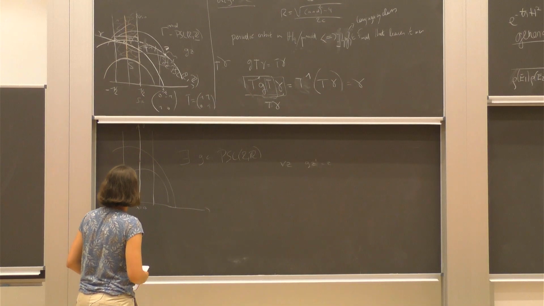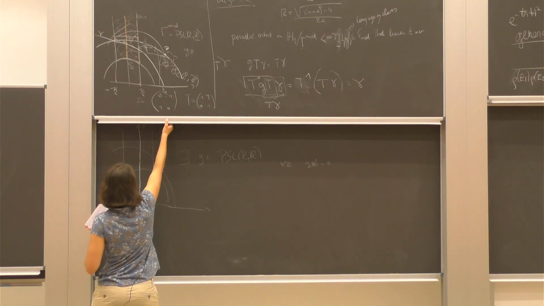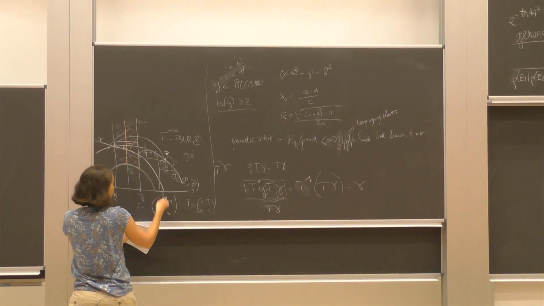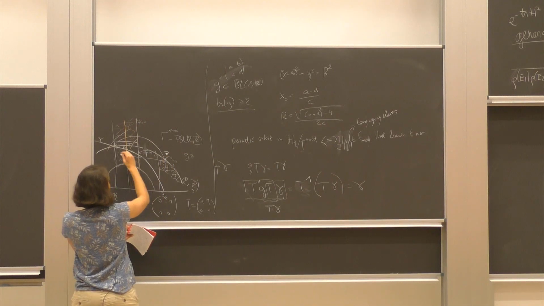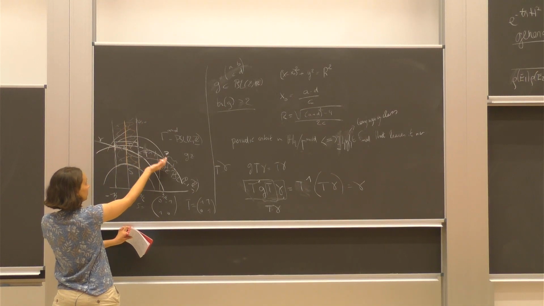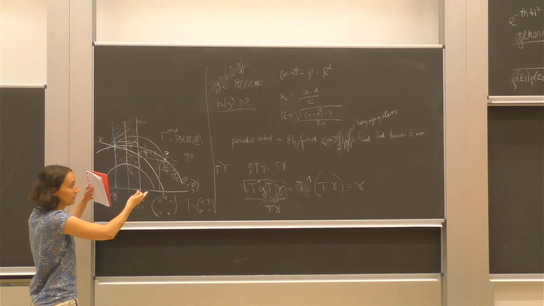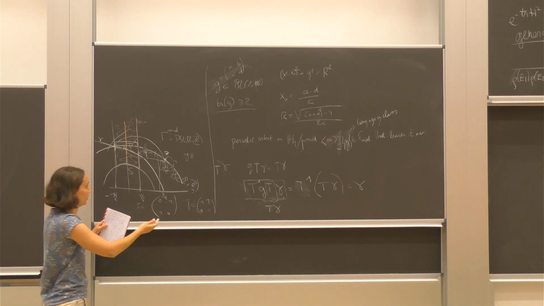And in particular, the distance. We're interested in knowing the distance between this point and this point, because when mapped back to the modular domain, it will give you precisely the length of that periodic orbit.